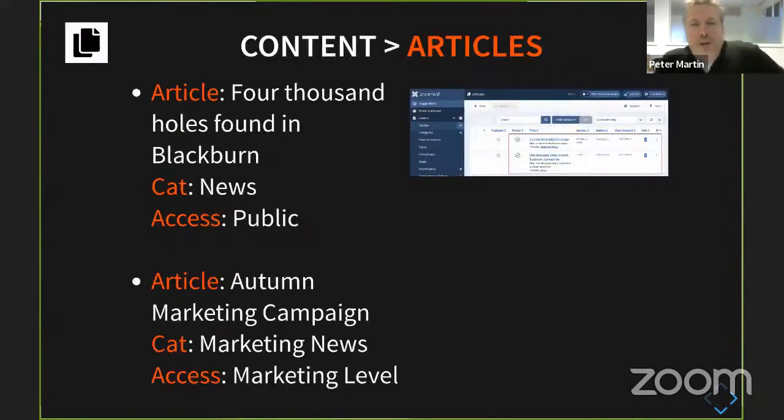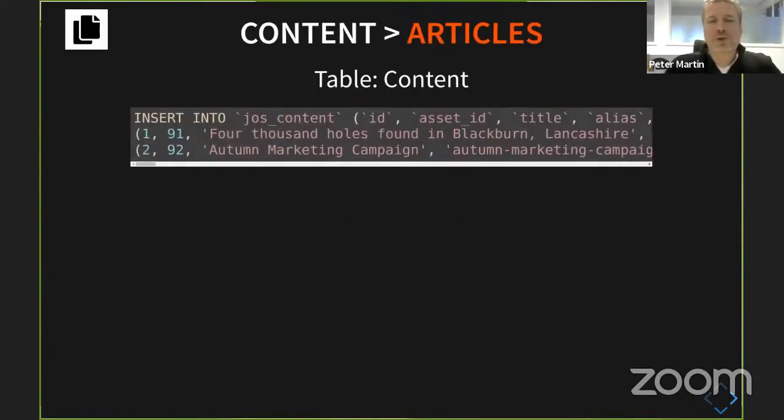So we are almost there. We need to create actually 2 articles. One is for the public and one is for the marketing. And when we create those articles, something happens in the content table. There was no content yet, so the first article's ID is 1, the second is 2. It's also connected with the assets ID, so we will see the assets table again.